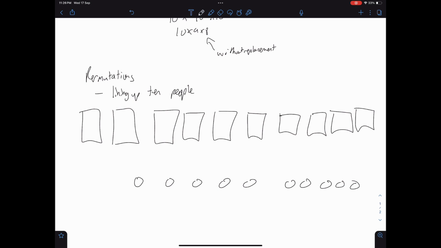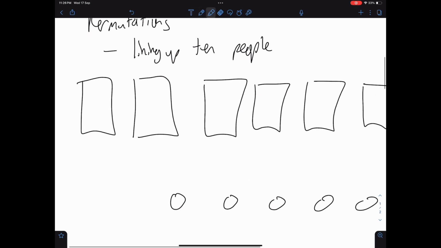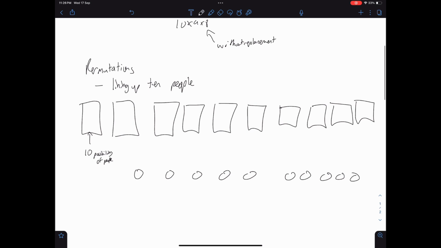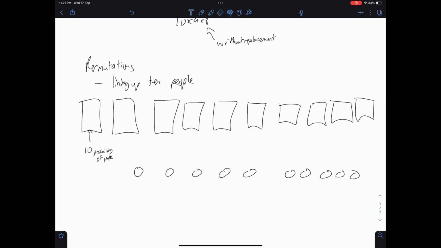Notice how, if we just go along this way, for the first spot, we have 10 possibilities, and so any one of them could be up here. But now when we move to the second one, we only have 9 possibilities. And then 8, then 7, then 6, then 5, then 4, then 3, then 2, then 1, right?